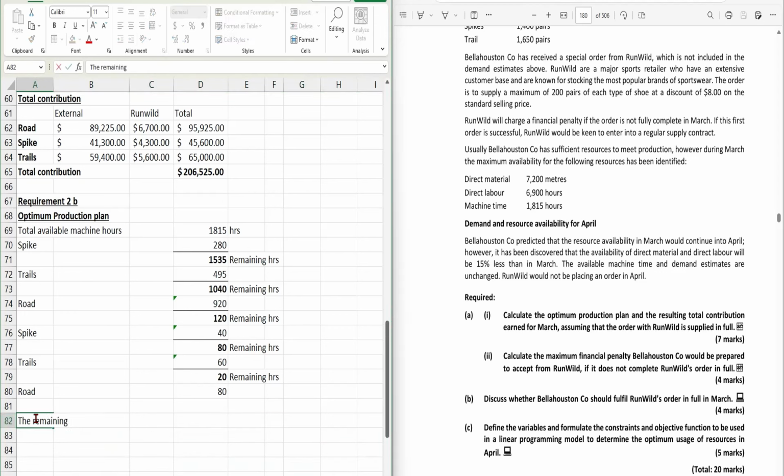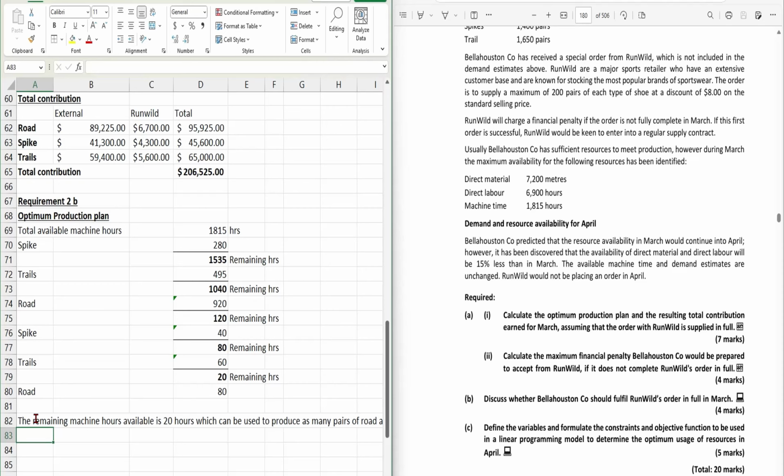The remaining machine hours available after fulfilling all external demand is 20 hours, which can be used to produce as many pairs of road as we can.